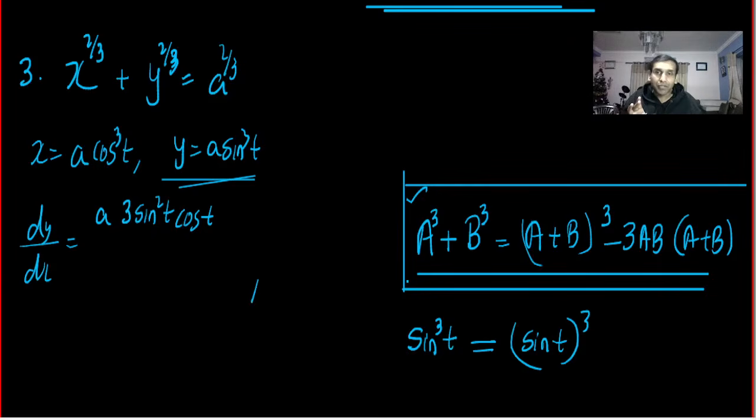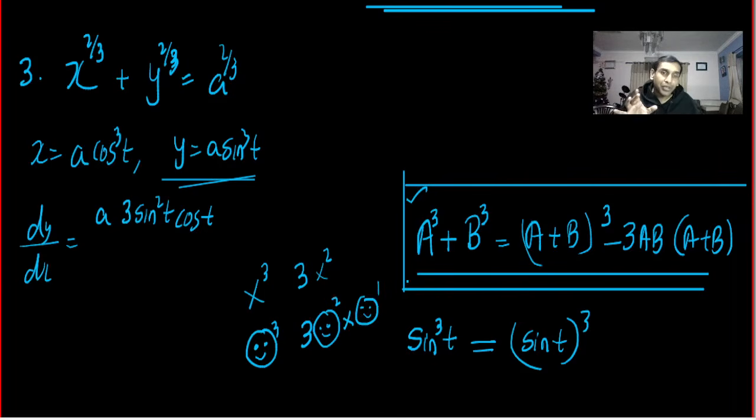What is the derivative of x cube? It is 3x square. What is the derivative of something to the power 3? It will be 3 into same thing squared multiplied by derivative of that thing. That is called chain rule. So very easy to differentiate this.